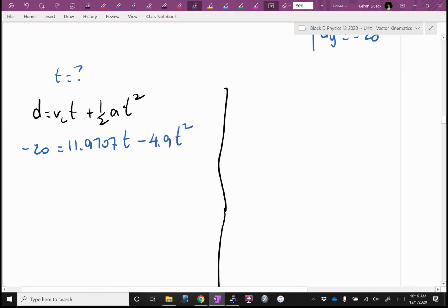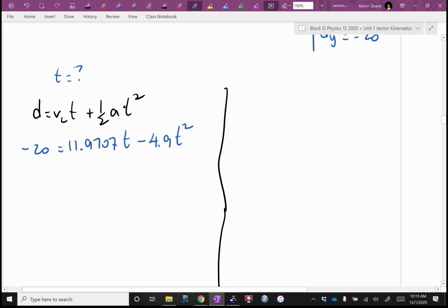Or some of us like to say 4.9 negative, backward speaking, are we? Karin, what kind of an equation is this? It's a quadratic. How do I know? It's got a squared.